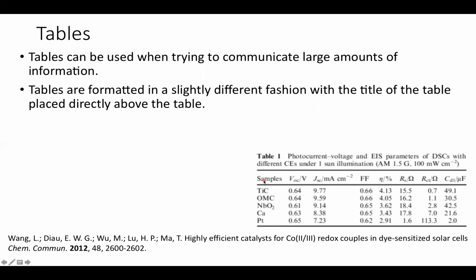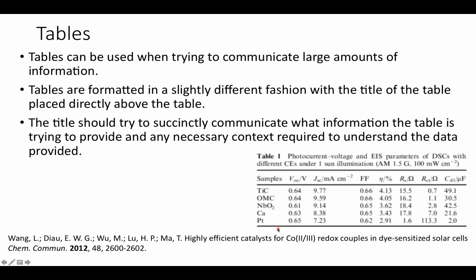But one of the things that's very common is that, again, we aren't using a figure caption so much in a table as, again, a title. So again, the title should be trying to succinctly, within a sentence or two, summarize what information my table is conveying.